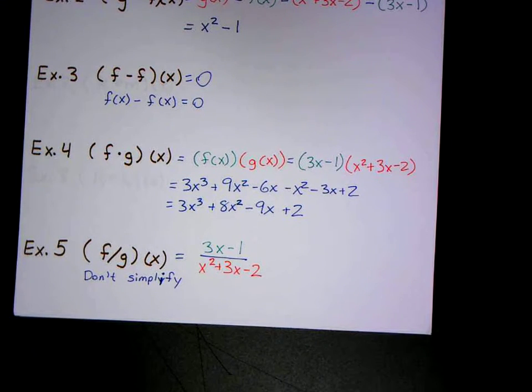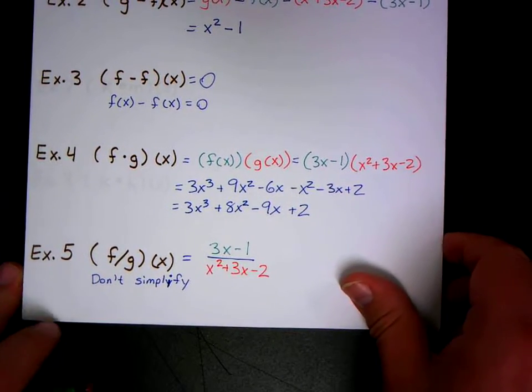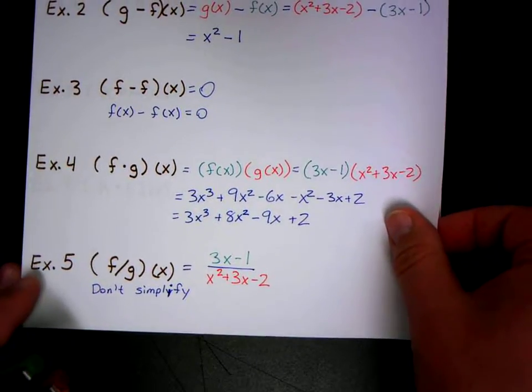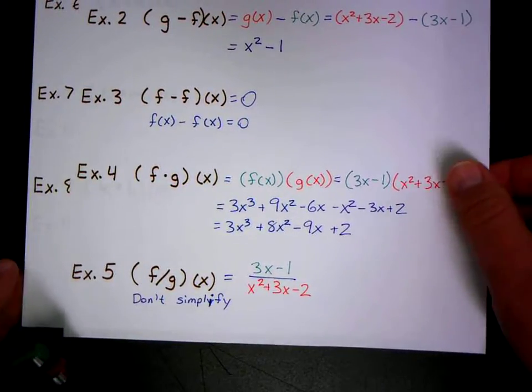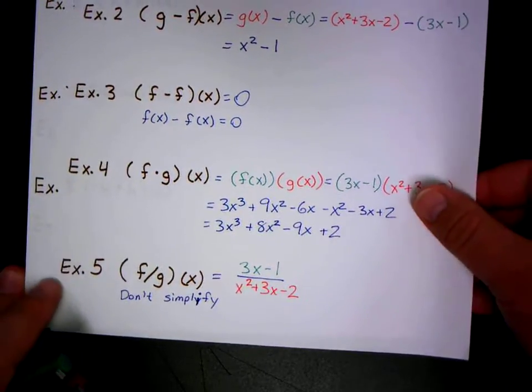So I'm asking you, please do not simplify those. To simplify those, you have to factor. So I'm going to give you things that are not factorable on purpose. Your book might give you things that are factorable. Still, don't simplify. Just leave it.